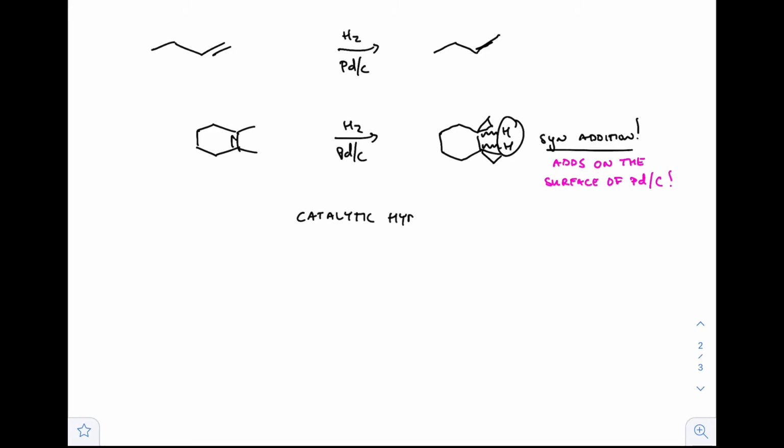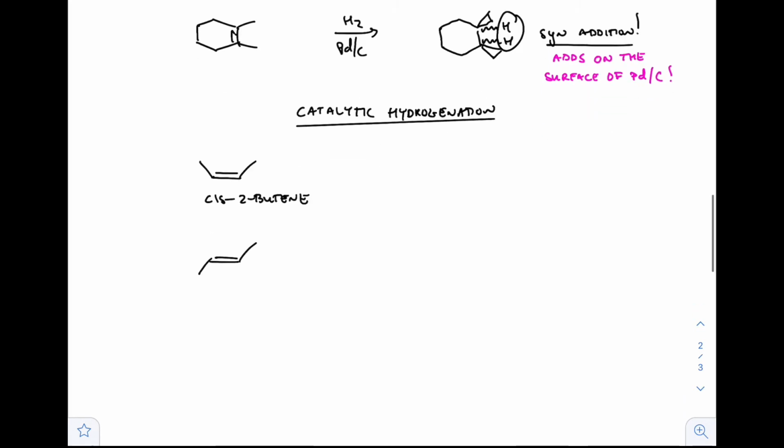And so it can only be on one side. Okay. I'll get into more of a mechanism for that in a little bit. But I just want to mention one thing that we have seen before, catalytic hydrogenation. Now the vocabulary of catalytic hydrogenation might seem somewhat new, but hydrogenation is not.